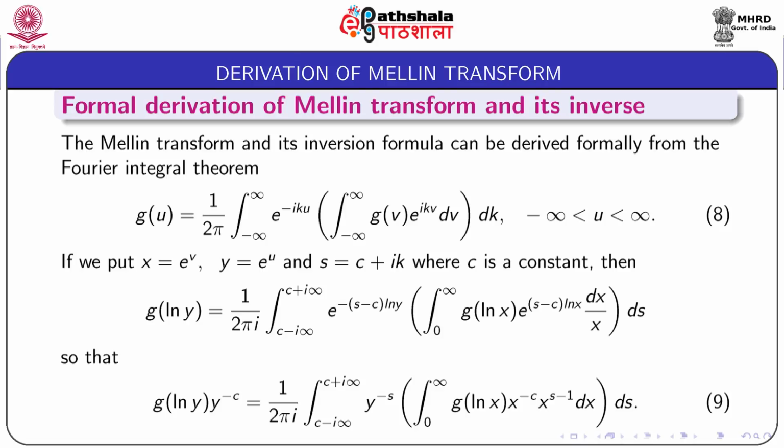If a function small g(u) satisfies the condition of the Fourier integral theorem, then it can be written as g(u) equal to 1 by 2 pi integral from minus infinity to plus infinity e to the power minus i k u into integral from minus infinity to plus infinity g(v) e to the power i k v dv dk, where u lies in the interval minus infinity to plus infinity, as given by equation 8. This is possible to write because of the Fourier integral theorem.